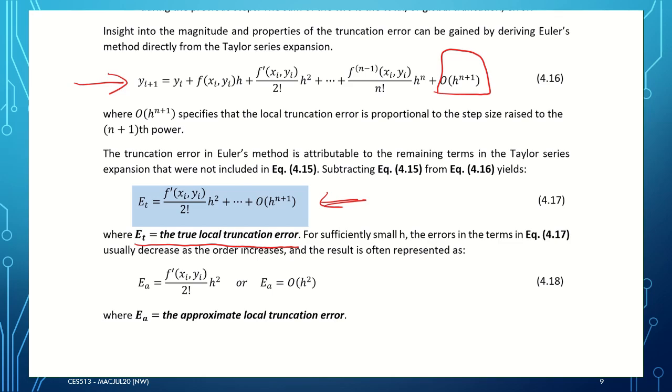For h that is sufficiently small, the errors in the terms in equation 4.17 here usually decrease as the order increases, and the result is often represented as this, which is called the approximate local truncation error.